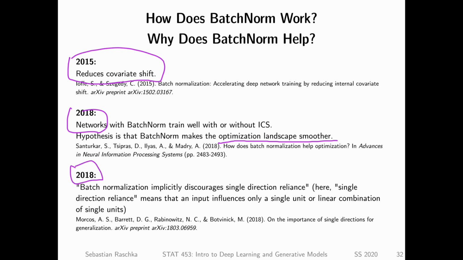Another paper from 2018 that did research into batch normalization, trying to understand it, found that batch normalization implicitly discourages single direction reliance.